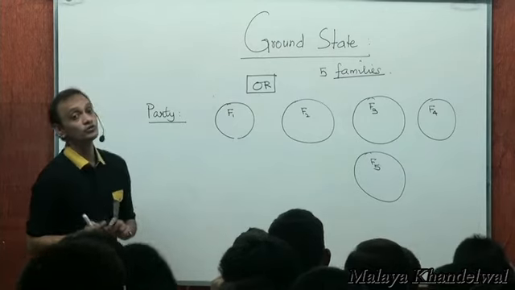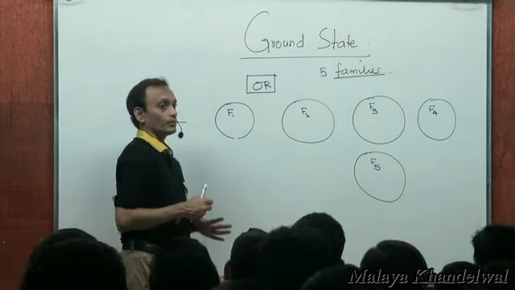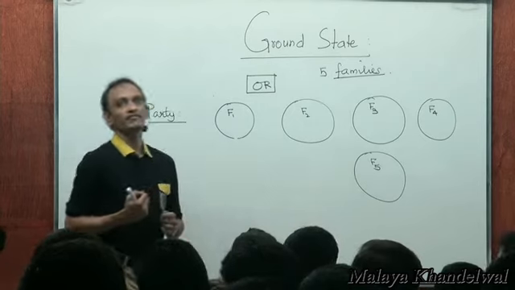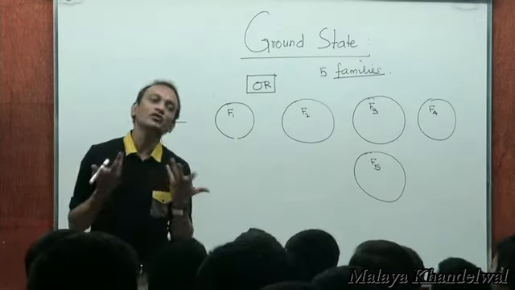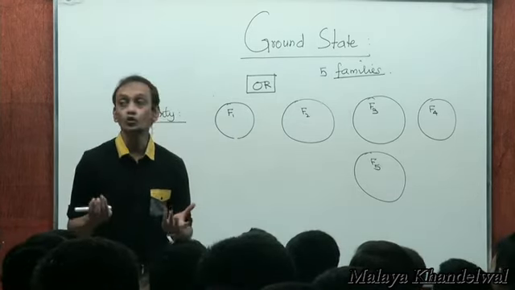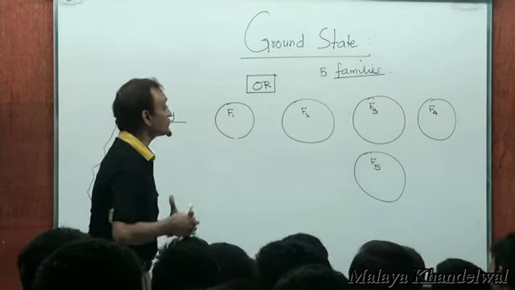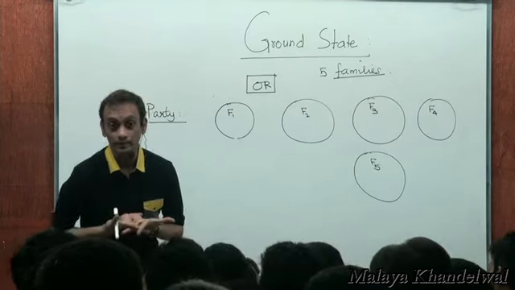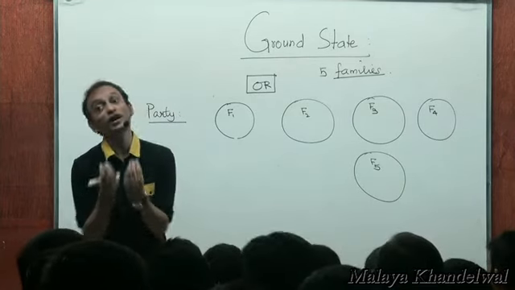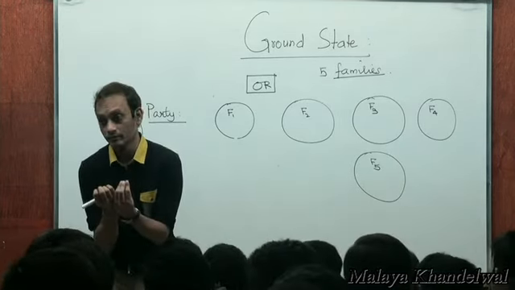And what you want to do is, you want to invite from one of the families. You want to select only one family out of these 5 to be in the party. You want only one family to be in the party, right?